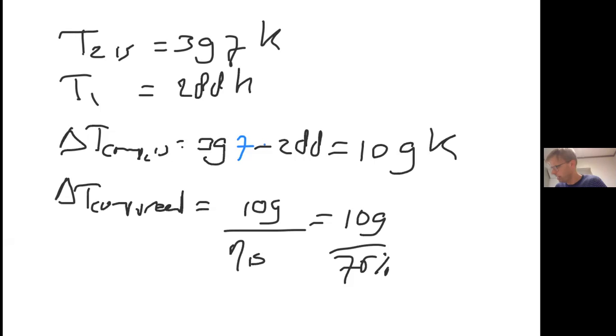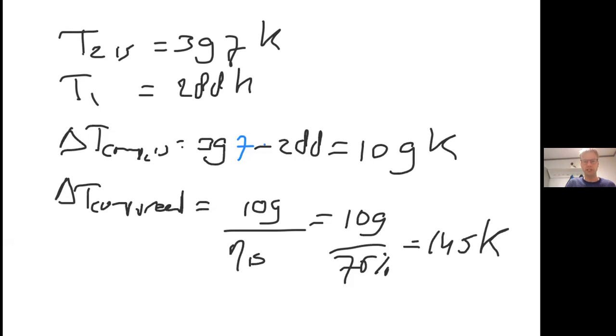I don't know the number by heart, but we can calculate that. It is 145 Kelvin, the delta T compressor real. We know the CP. What do we use for the CP?